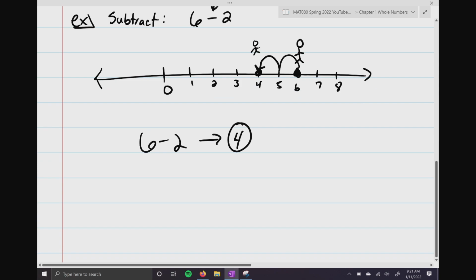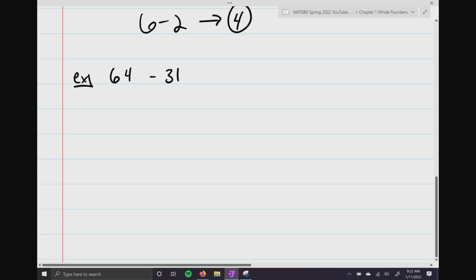For example, let's do 64 minus 31. Okay, once again, in this situation, we don't want to draw the number line because it's just going to be a lot of work. So what we're going to do is use our math ability that we learned previously, and apply it to this problem here.